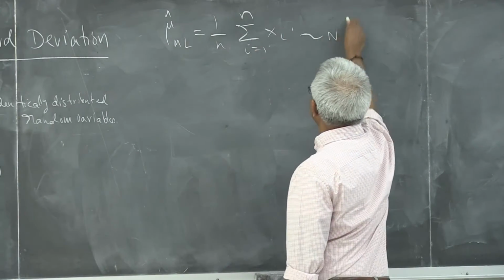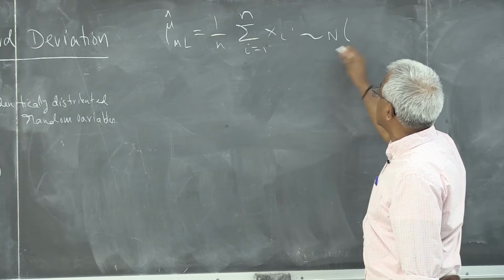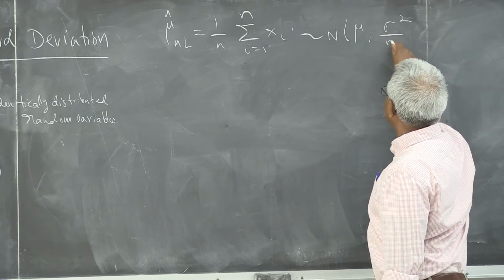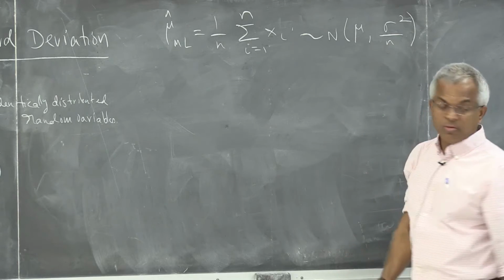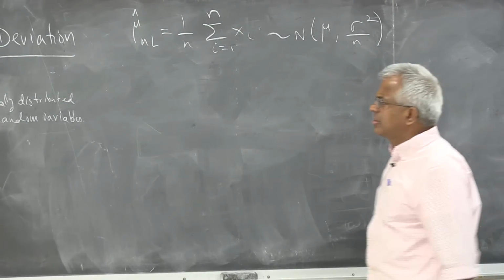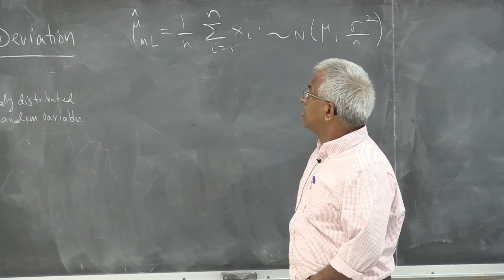You can see clearly that, being a linear function, it's an unbiased estimator, and since all the observations are independent, the variance is sigma squared over n. In fact, this is the best estimator for the mean.